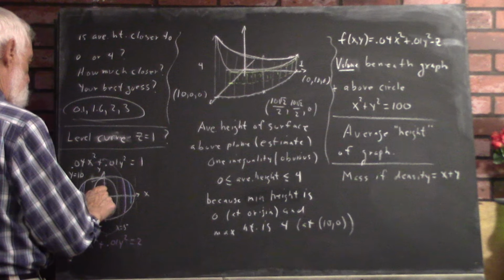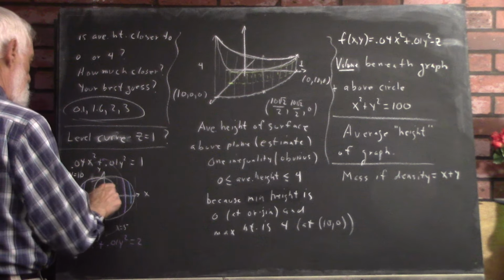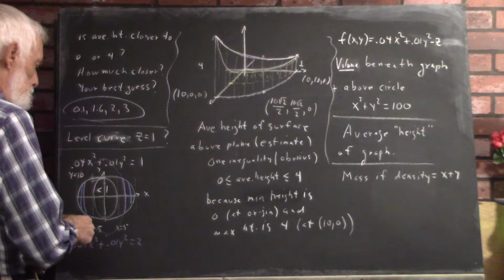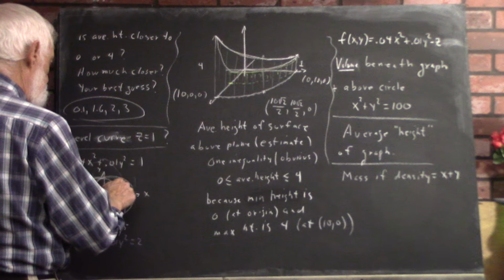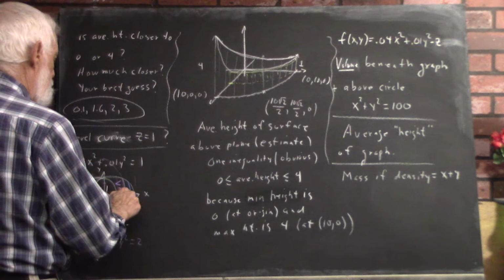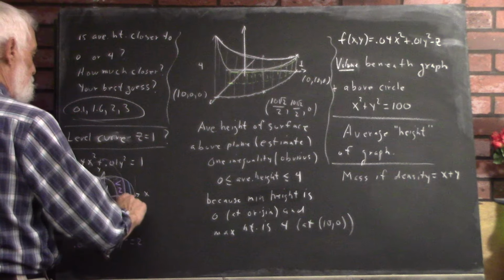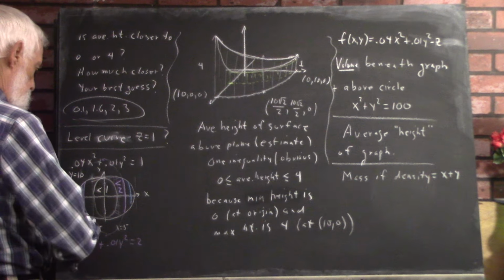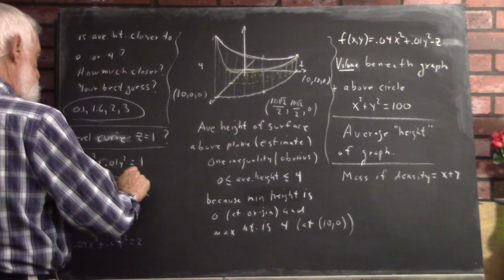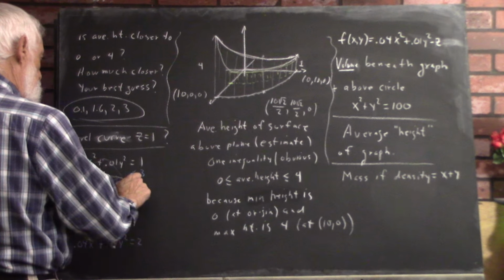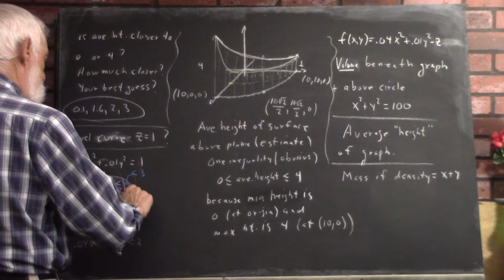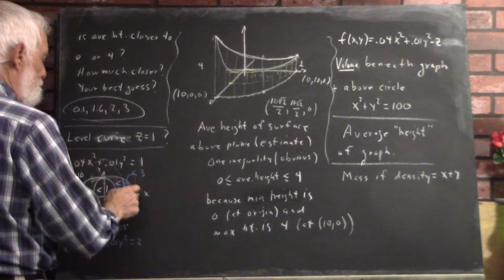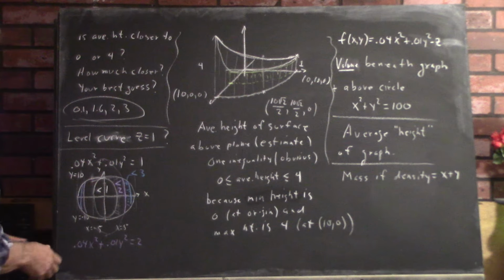I'm going to write less than 1 here, less than 2 in this region, less than 3 here, and then less than 4 everywhere else.